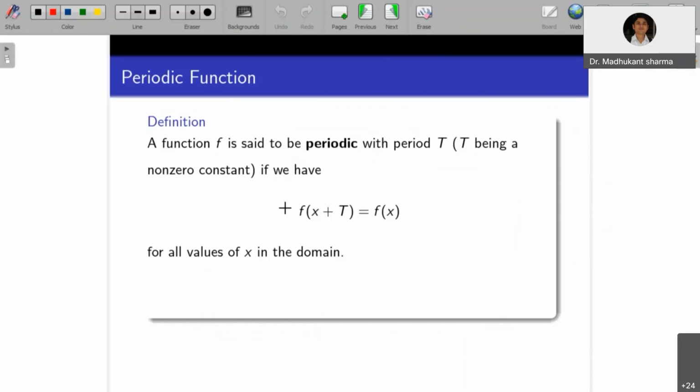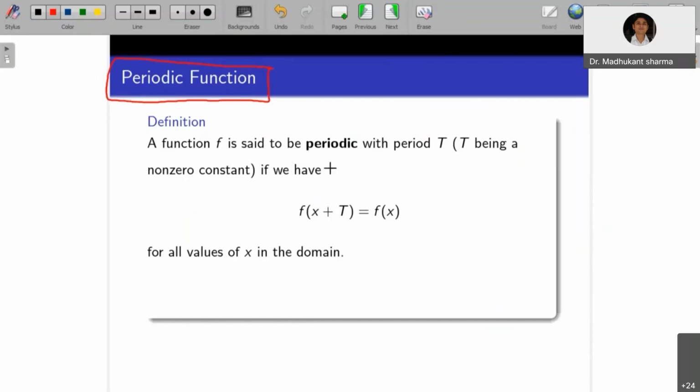So as told, Fourier series entirely works on a class of functions which are periodic. First of all, you have to verify whether the function has periodic behavior or not. How to decide? Here is the mathematical definition.